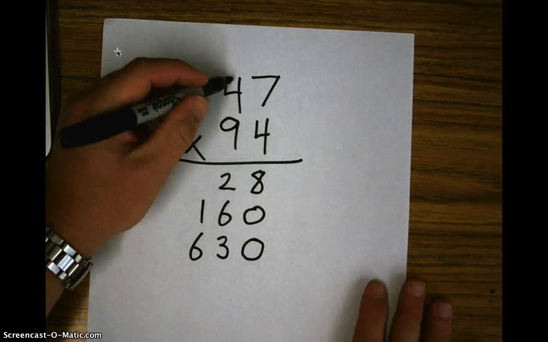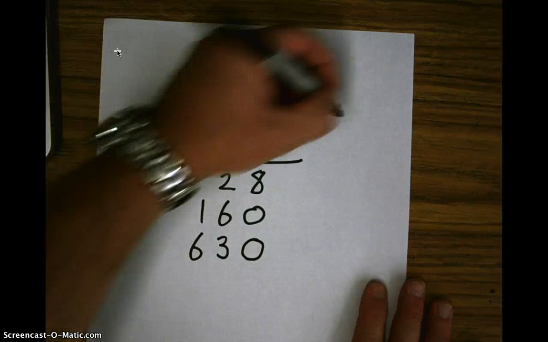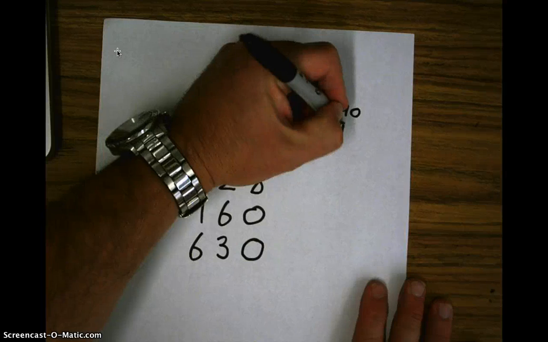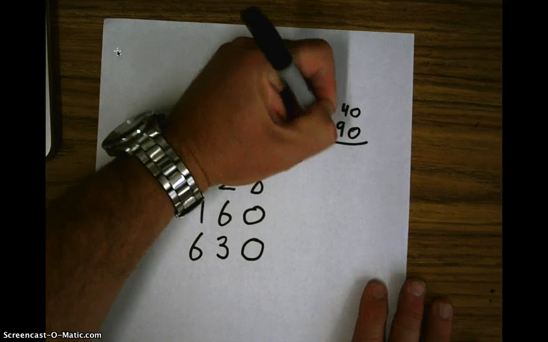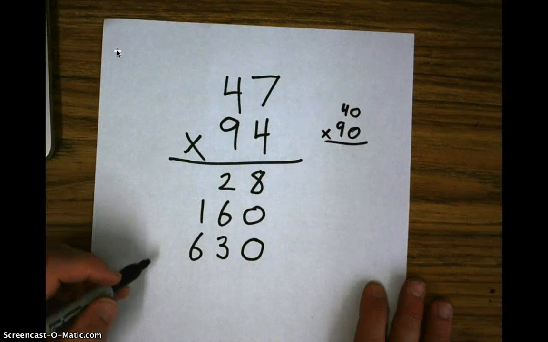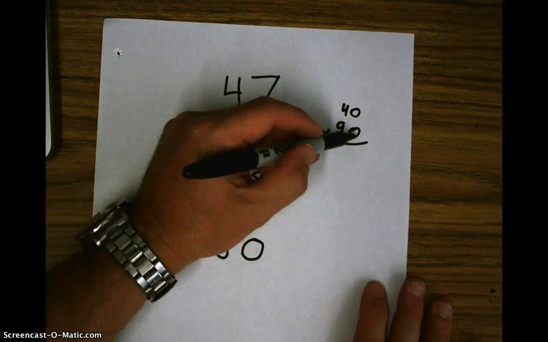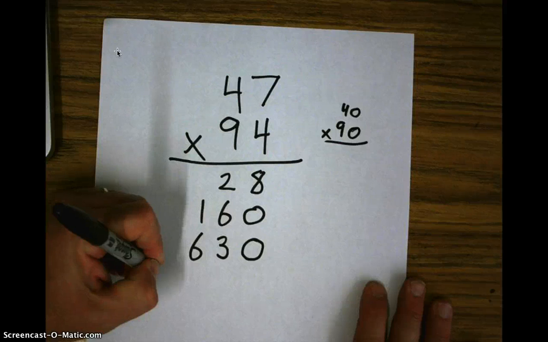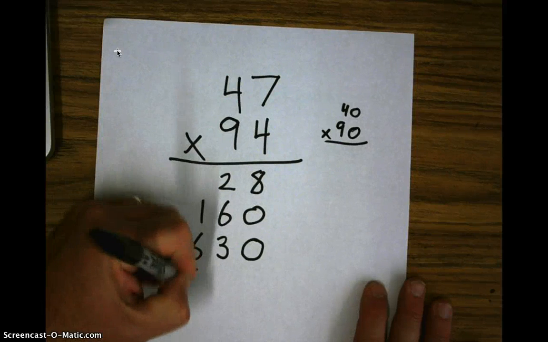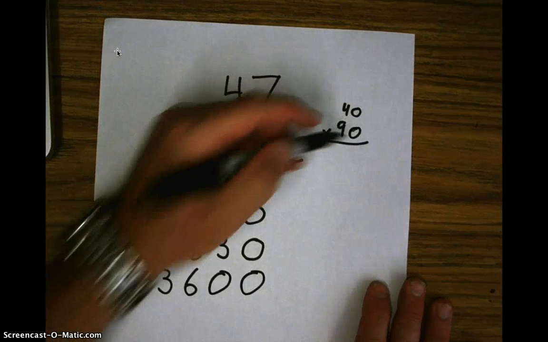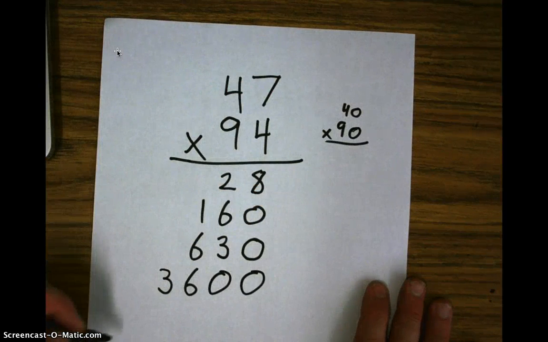And then 90 times 40, because of course this is a 4 in the tens place, that's 40. This is a 9 in the tens place, so that's really 90 times 40. Well, 4 times 9 gives me 36, and then I've got 2 zeros, right? So 3, 6, 0, 0. You've got 2 zeros there, so you have to have 2 zeros in your product.